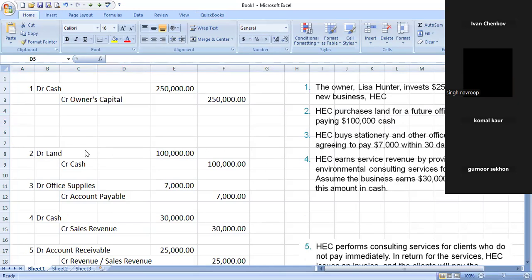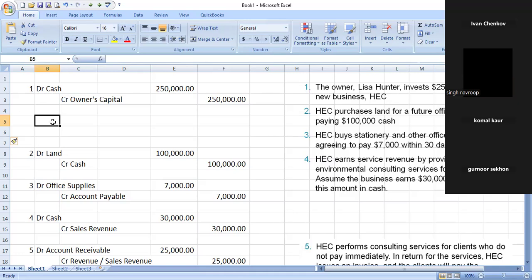So now listen to me carefully. What's going to happen if the owner decides to invest? The owner, I mean, he has cash, but he also wants to invest a computer, which is worth $2,000.